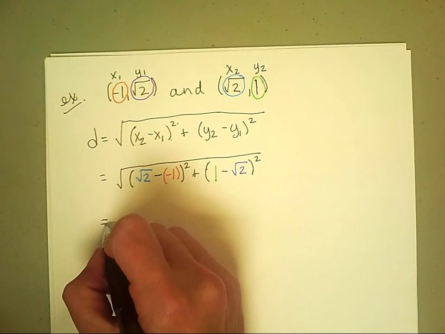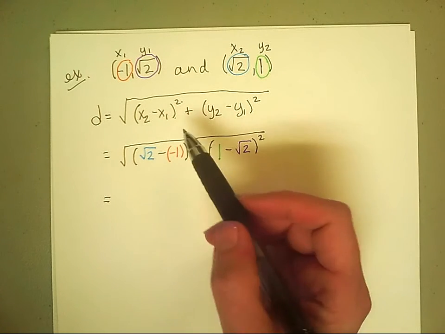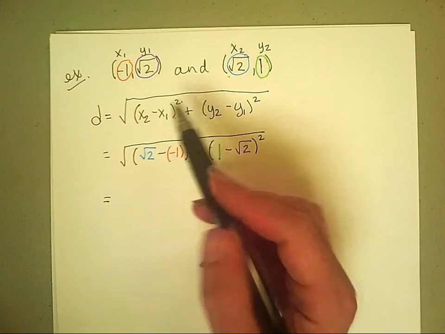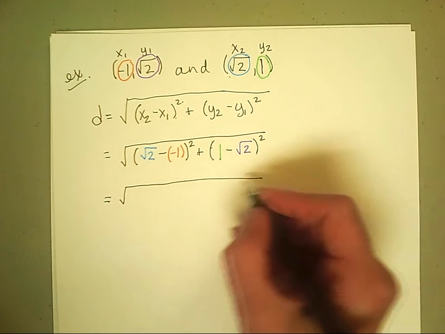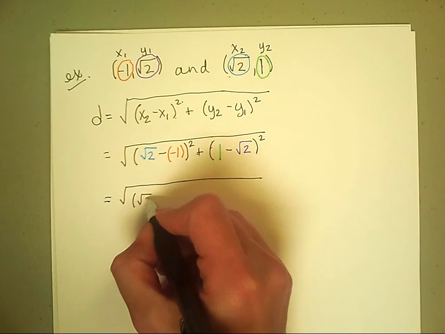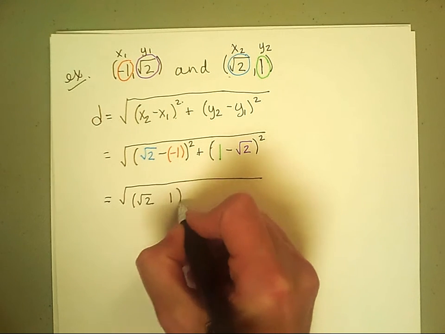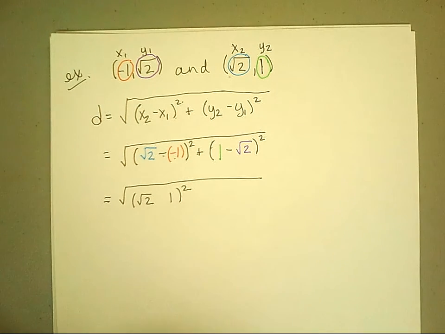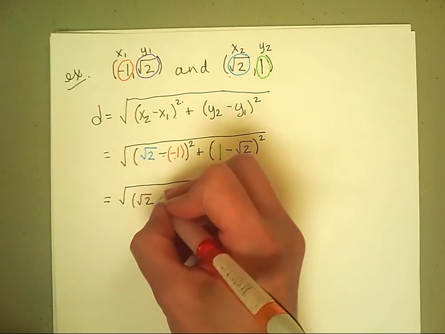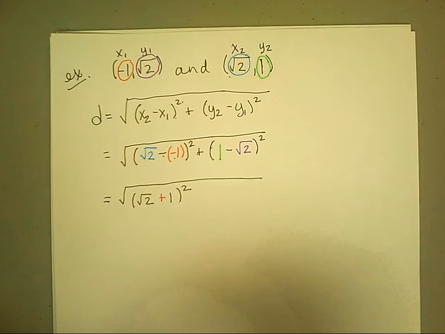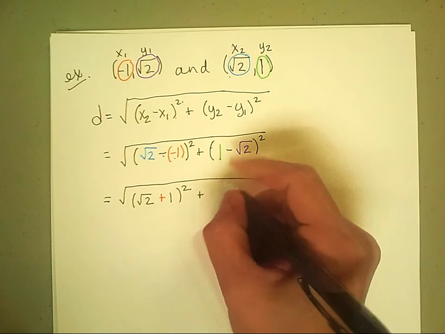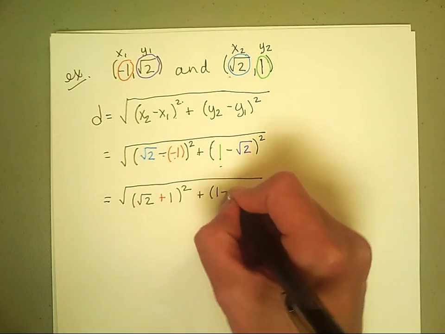Okay, let's simplify this. So this is the square root of the square root of 2, and then we have the 1. But remember, when you're subtracting a negative, that becomes positive. And then this is as simplified as we can get inside.